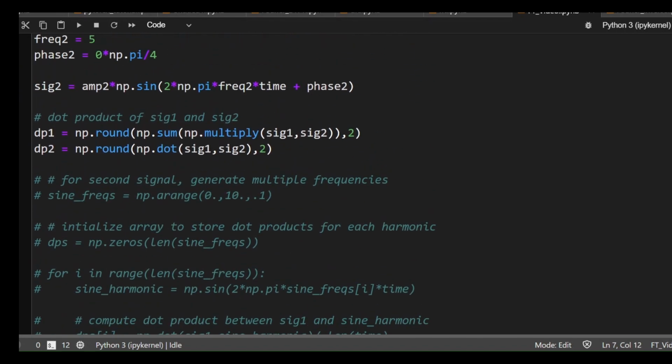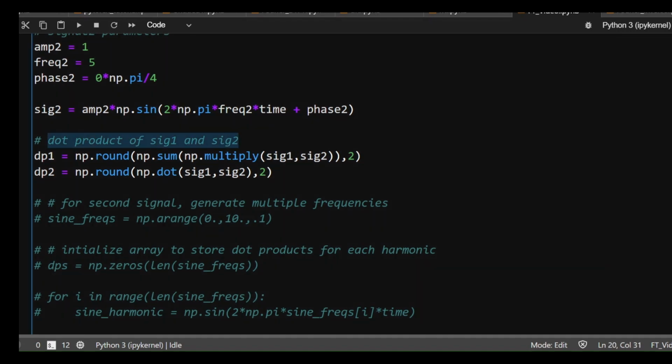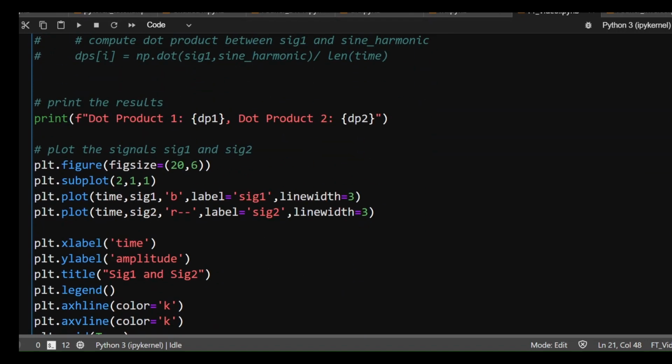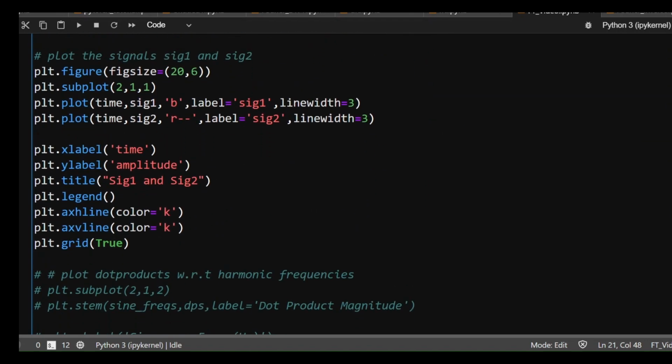So here we are. I'm computing the dot product between signal 1 and signal 2 by method 1, and then by method 2, and I'm rounding off the results to decimal places. And let's see what happens. I'm going to just print out the dot products and see how these signals look.